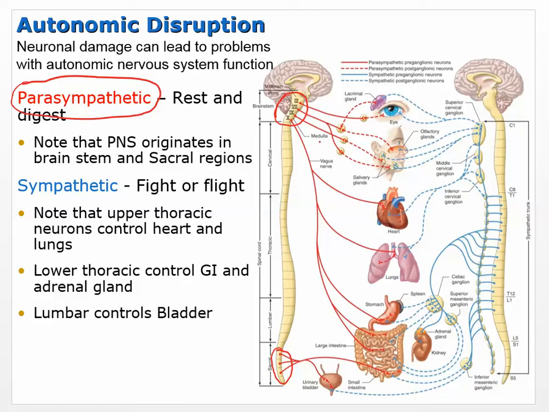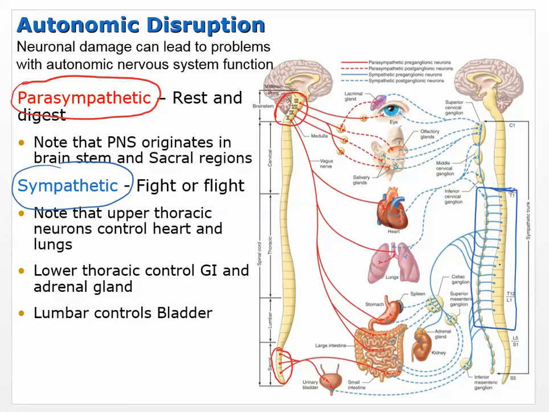Okay, so notice that's parasympathetic, that's rest and digest. Those are the things that are going to increase digestive ability, motility, that kind of thing, and can slow the heart rate. Okay. The sympathetic, which is your fight or flight, on the other hand, those are more in the thoracic area, moving down a little bit into the lumbar area.